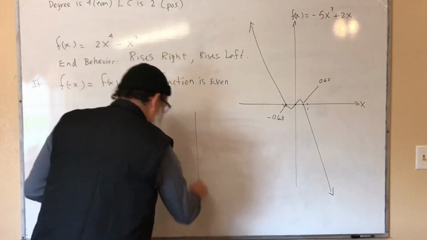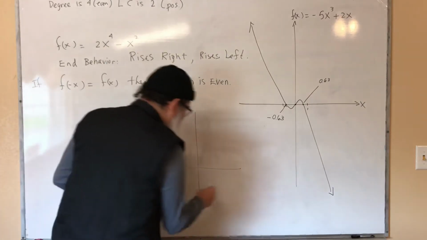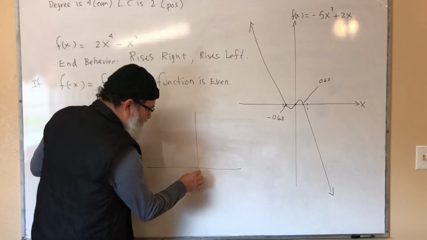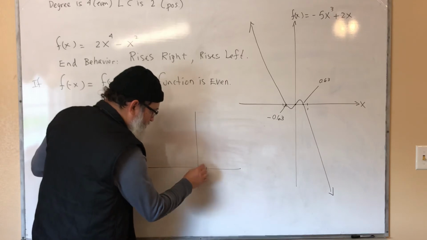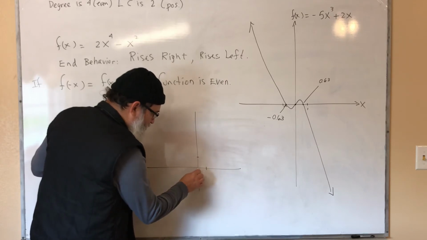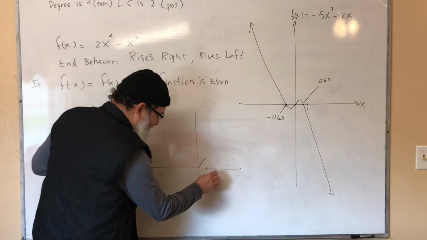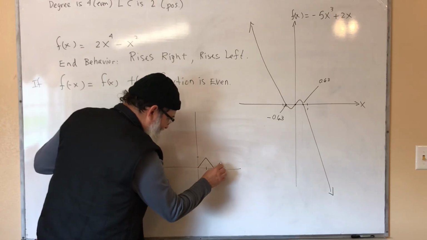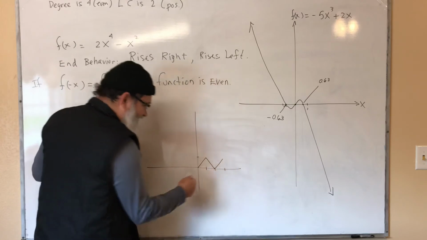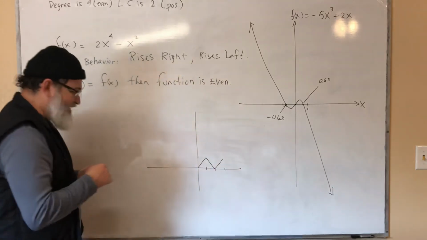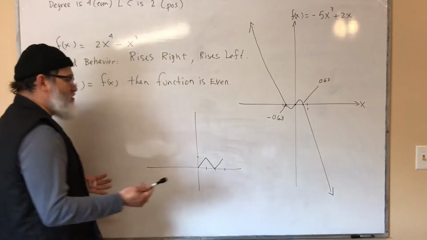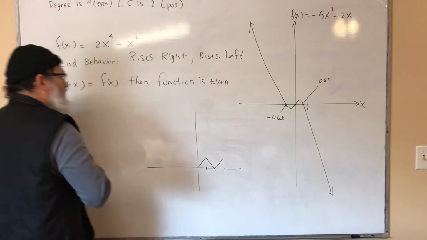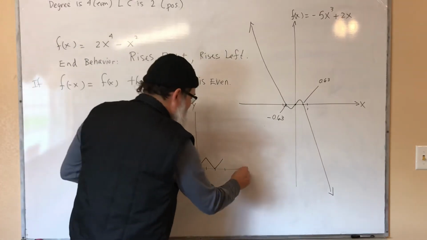Watch this. I'm going to make for you an even function. If the function does this, an even function is going to repeat itself on the left-hand side of the y-axis.